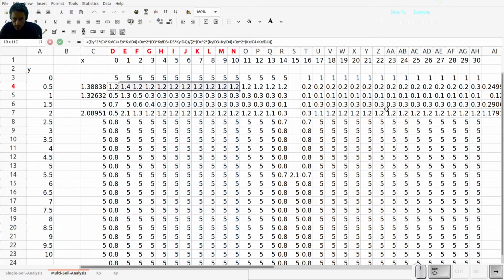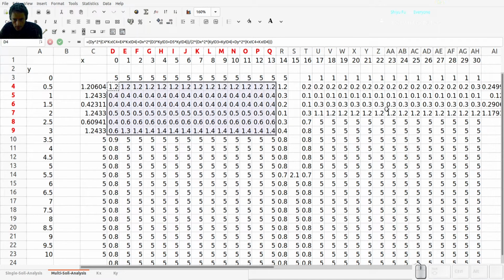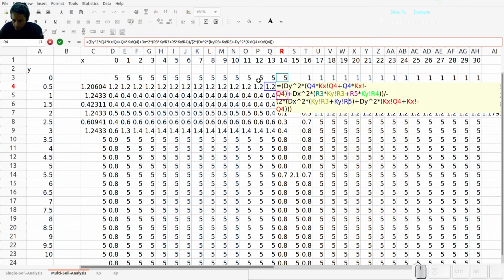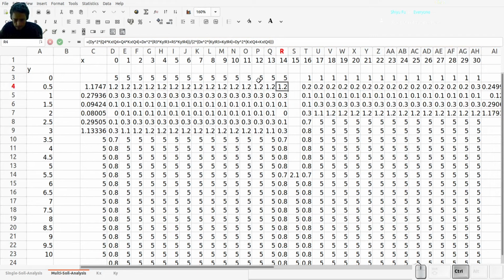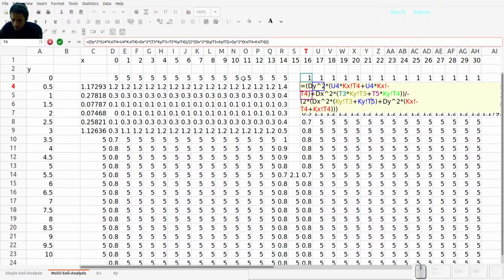Is that perhaps? And this one is T3 to T4.